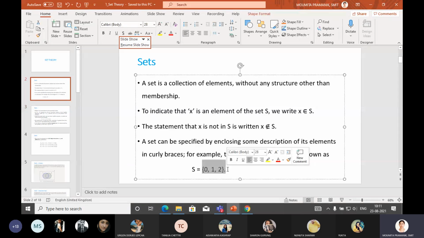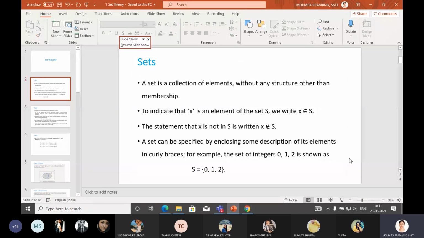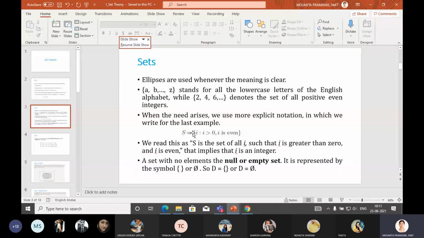One way we have seen is that we can directly write all the elements inside the set, and another way, explicitly, is to use this notation: S belongs to the set of all I. How to read this one?